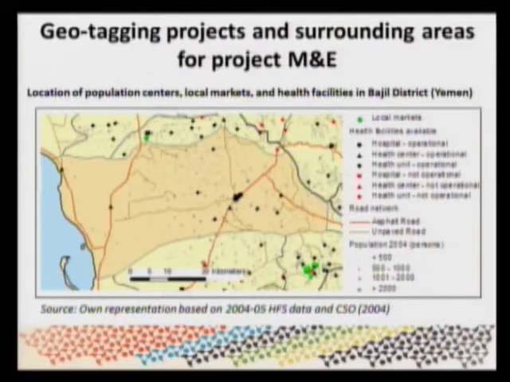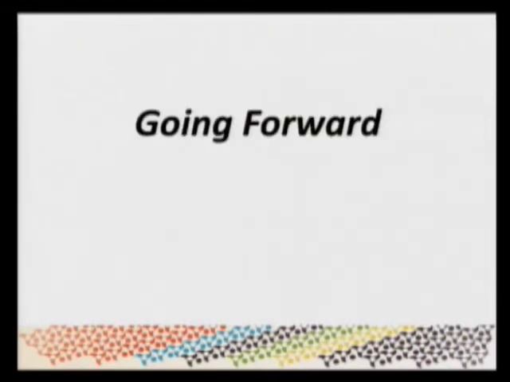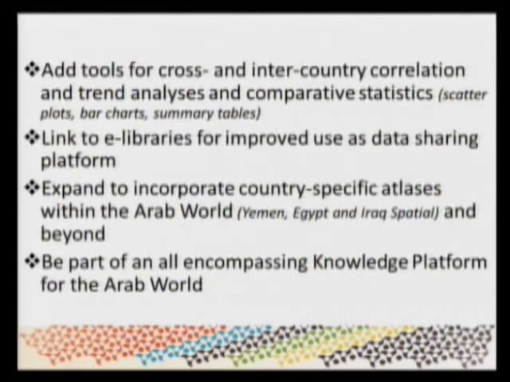This is a map that we composed from the Yemen Atlas, which is the predecessor to Arab Spatial, where we locate population centers, local markets, and health facilities in the Bajil district in Yemen. And as we can see, this can inform aid donors moving forward.